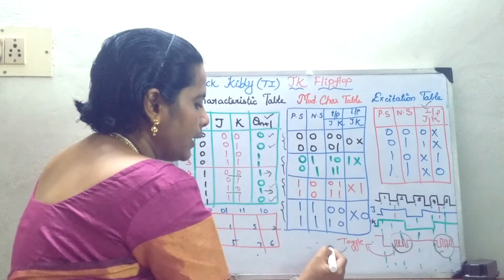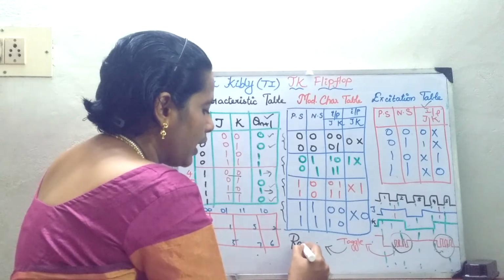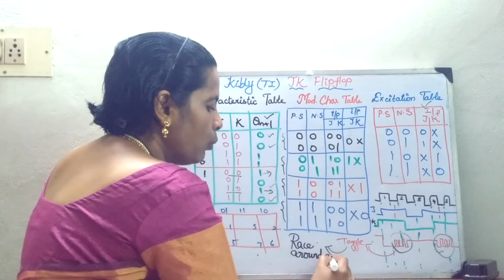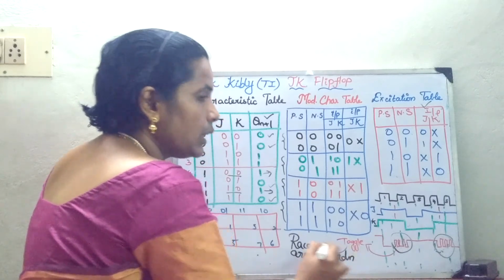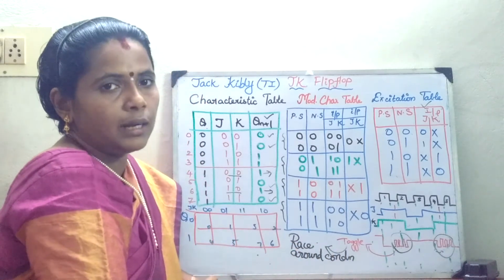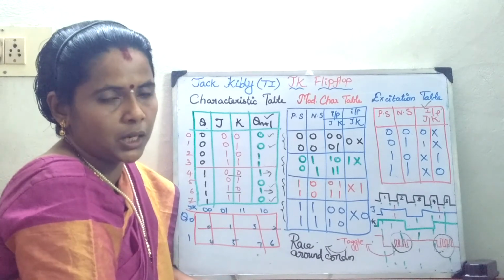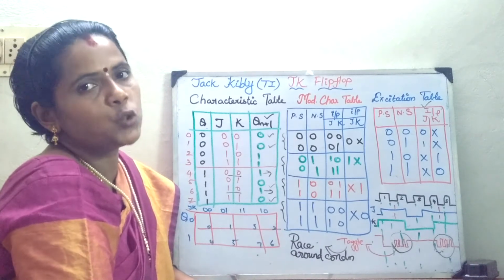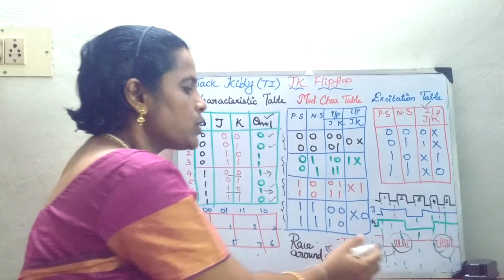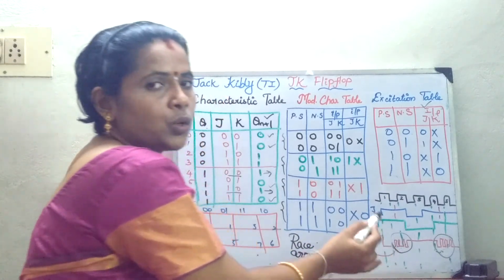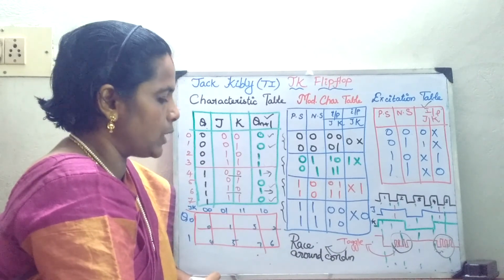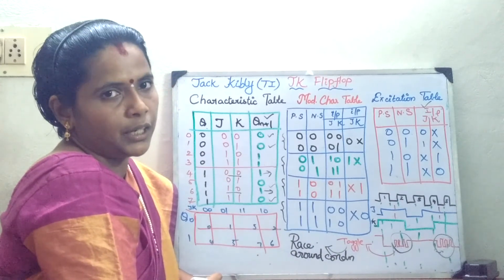It results in a condition called the race around condition. So when it toggles more than once in a single clock pulse, it is called a race around condition. This is one of the disadvantages of your JK flip-flop. Toggling more than once during one clock pulse when the inputs are high is called the race around condition.